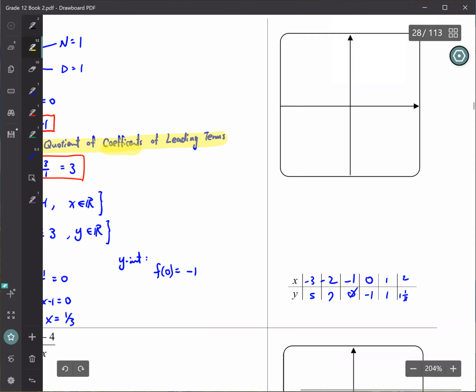So vertical asymptote in the middle. Okay, draw the asymptotes first.